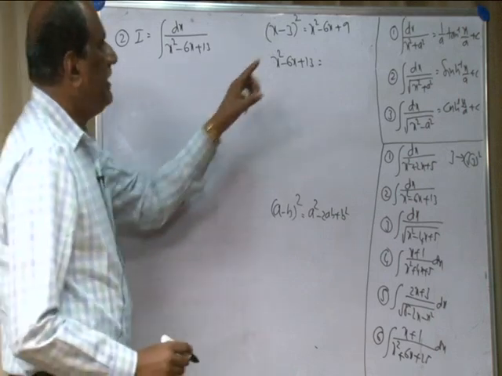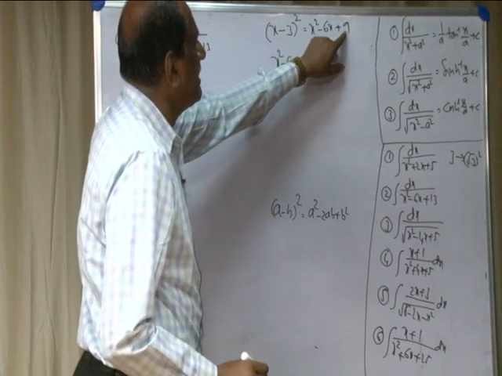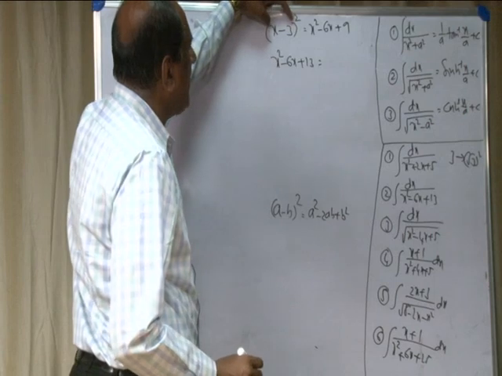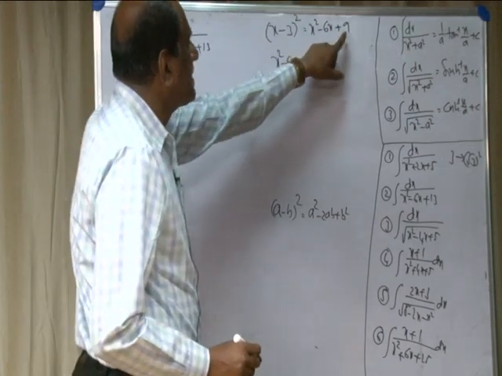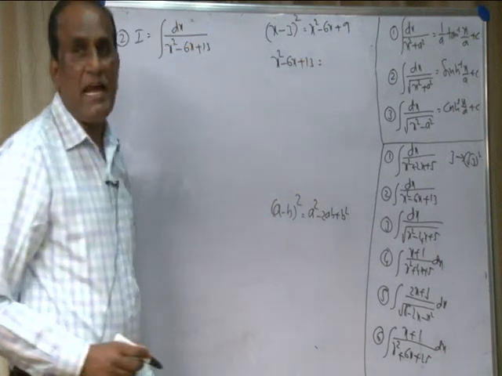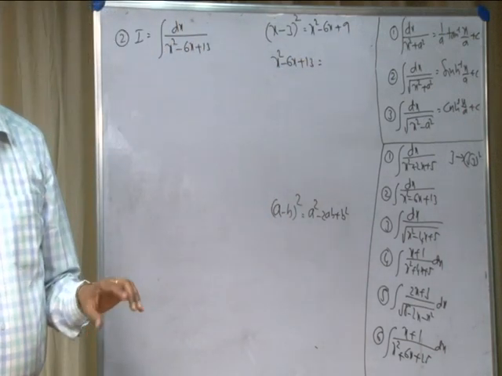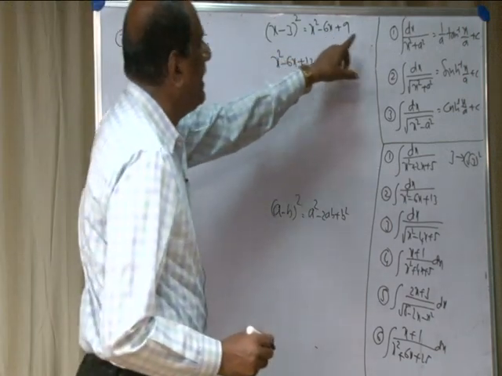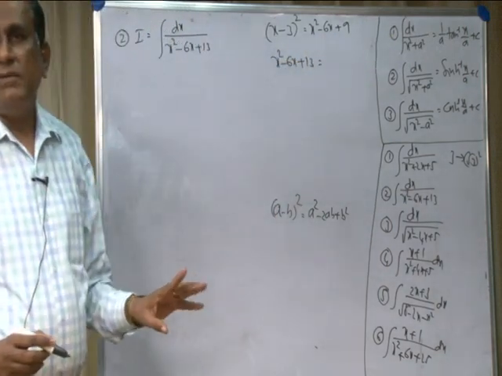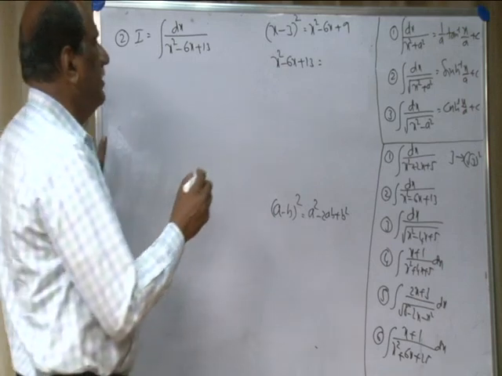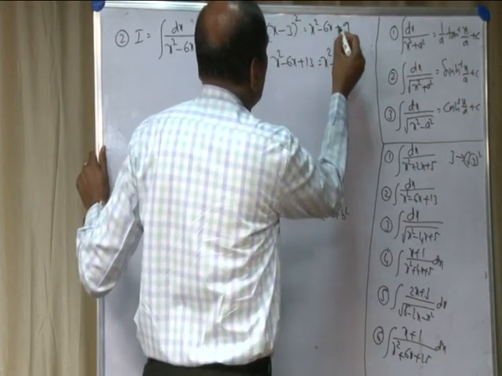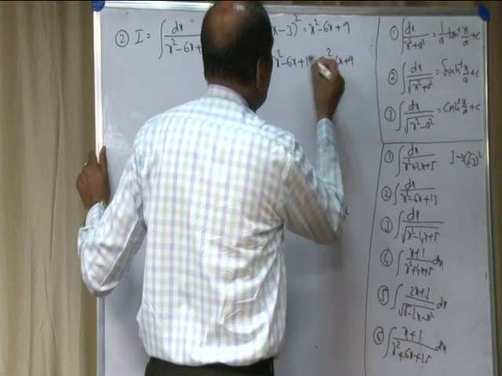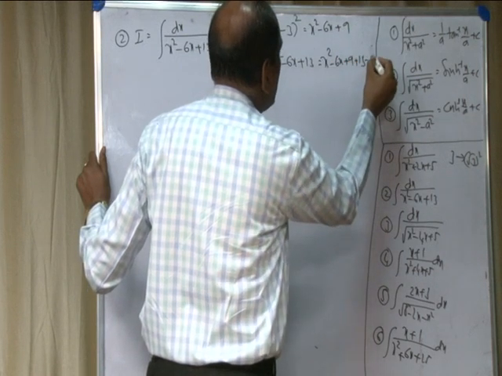Now x square minus 6x plus 9, you can write that trinomial as x minus 3 whole square. Which term did you add here? 9 is added, therefore subtract 9. Whatever number you add, if you subtract the same number, it makes no difference. See here, x square minus 6x plus 9 plus 13 is there, minus 9. Observe.